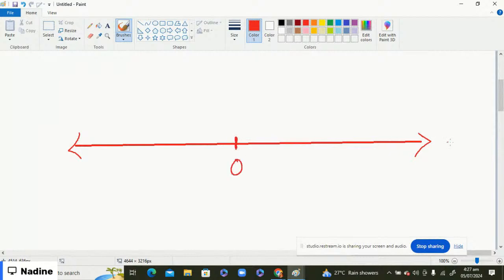On the right hand side, the numbers are increasing, and on the left hand side, the numbers are decreasing. So for the right hand side, we're going to put positive 1, then positive 2, then positive 3, and then positive 4. And for the left side, we're going to put a negative sign with it.